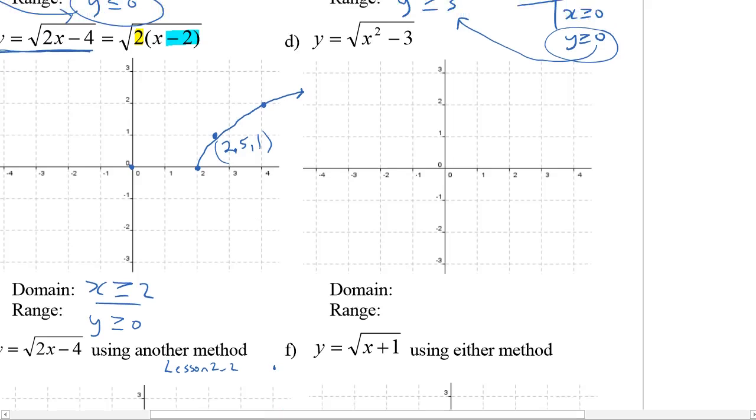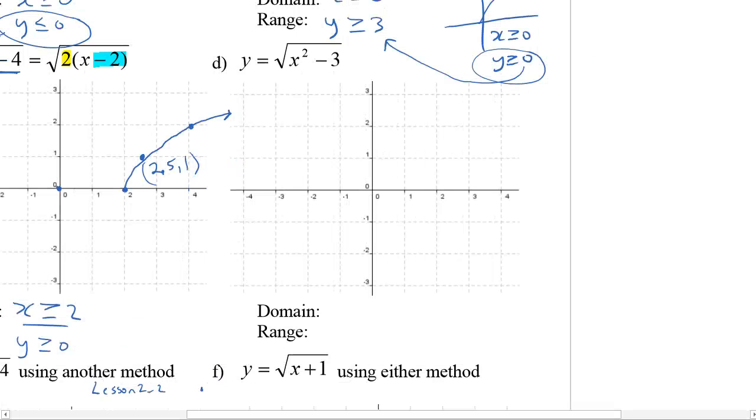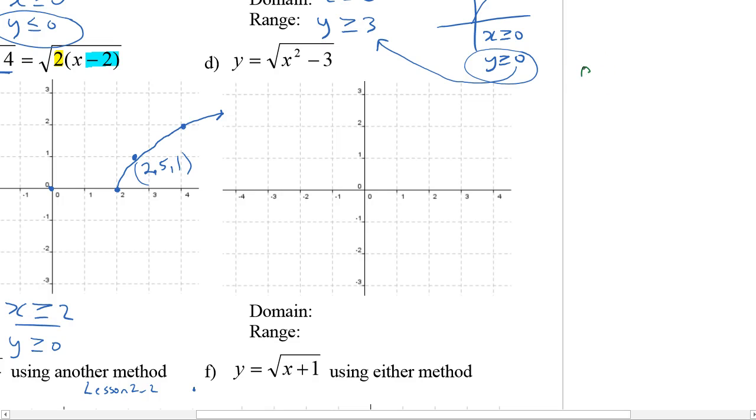Let's take a look at d now. y is equal to the square root of x squared minus 3. I think with the method that we just used, we look at f of x is equal to x squared minus 3 first, and then we graph the square root of that.